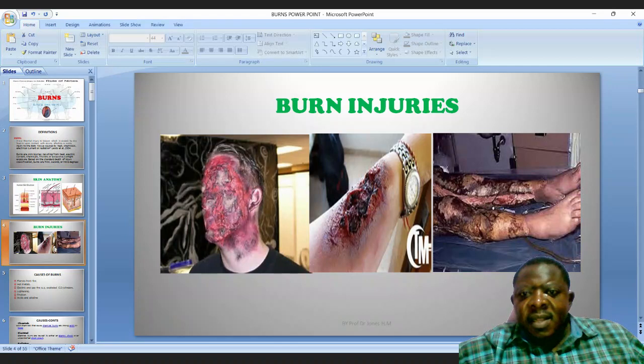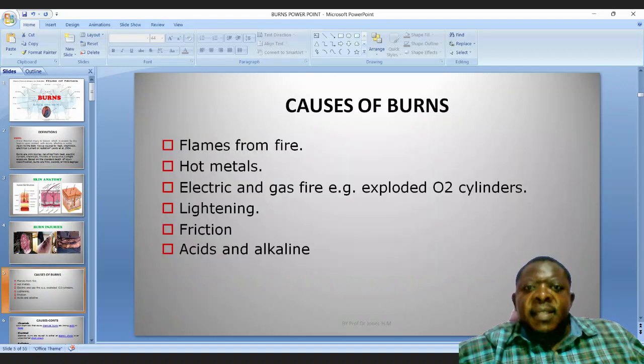You can see burns affecting the face, burns affecting some deeper tissue, and burns also affecting the underlying layers.